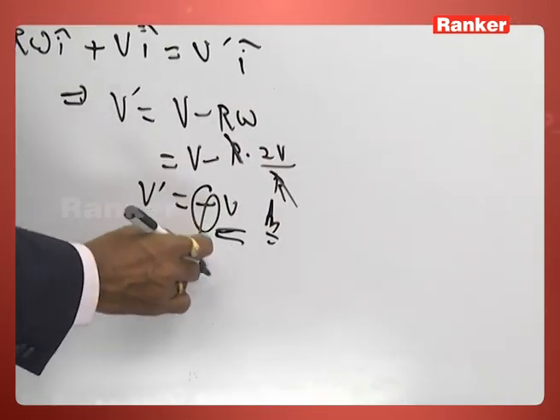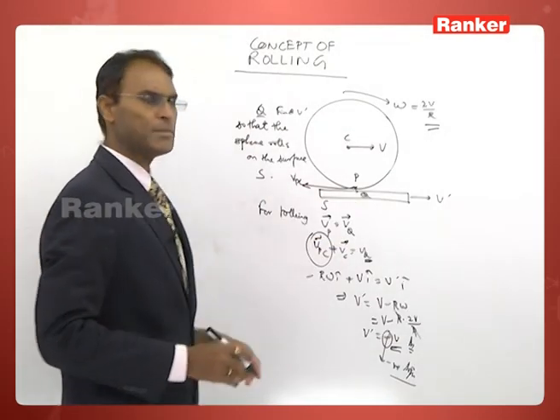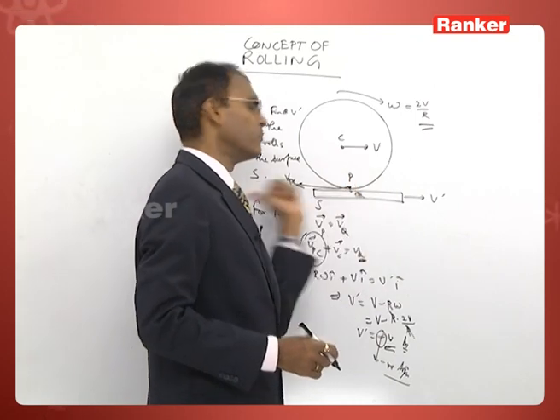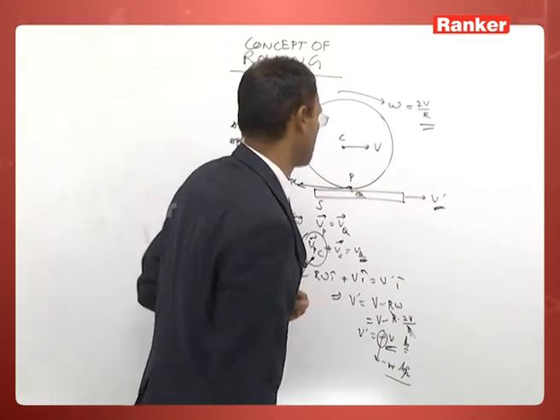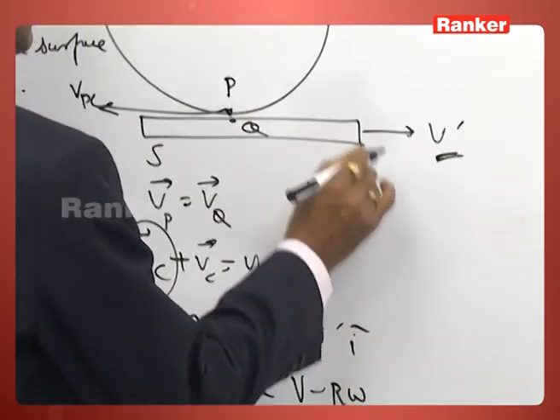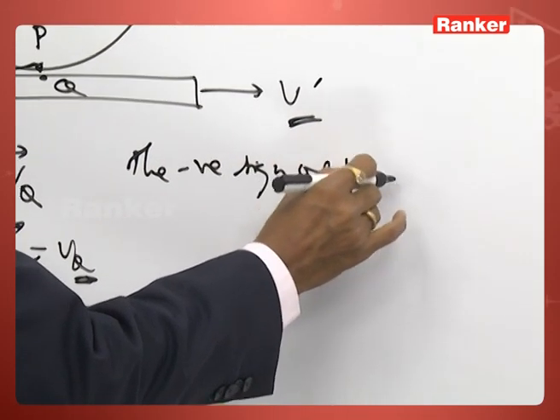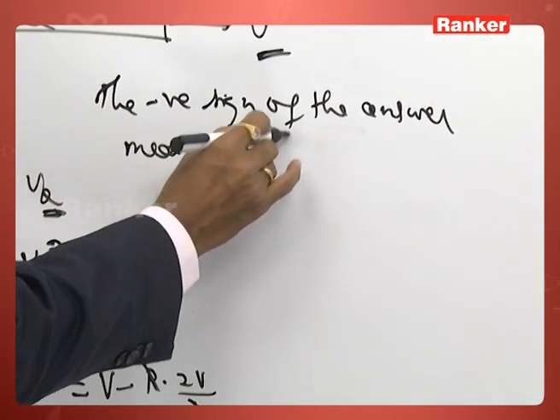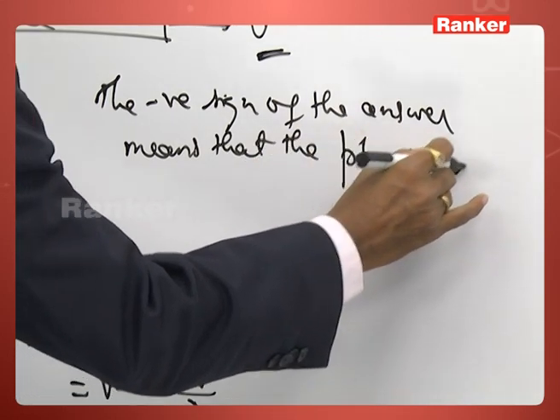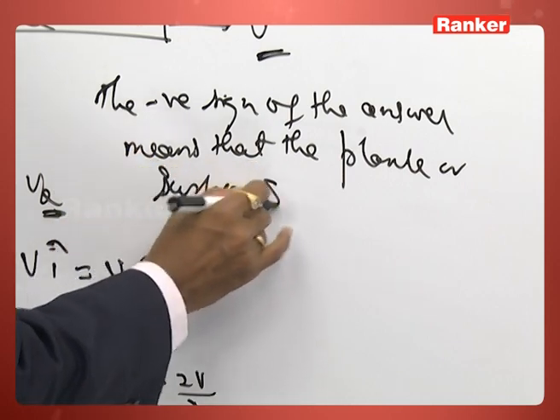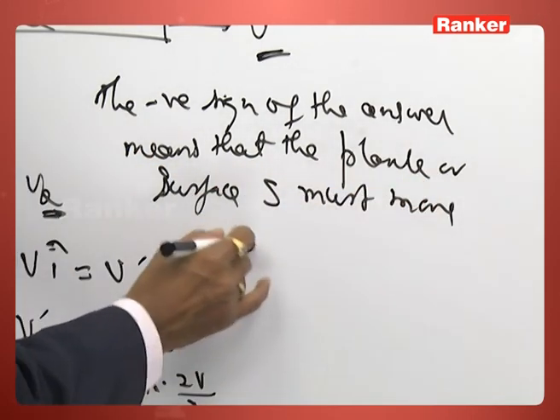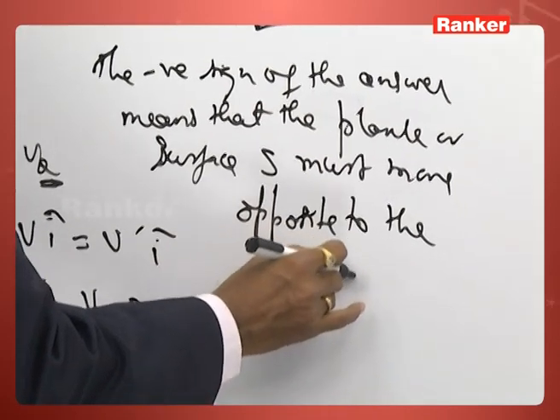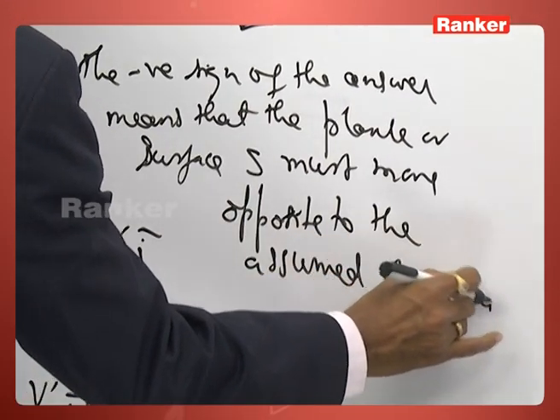Let us analyze the negative sign. The negative sign of the answer means that the plank or surface S must move opposite to the assumed direction.